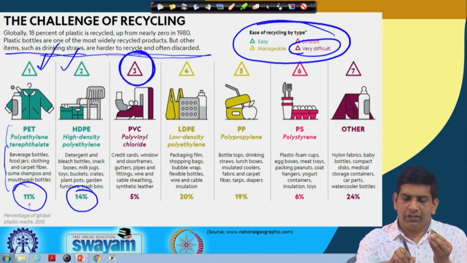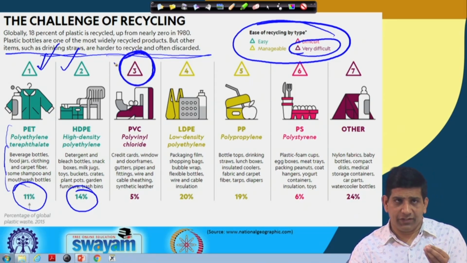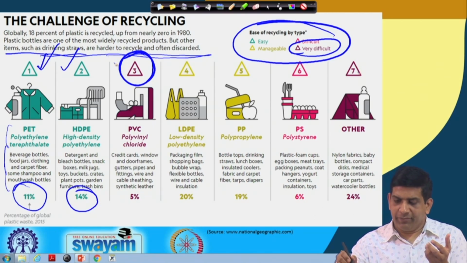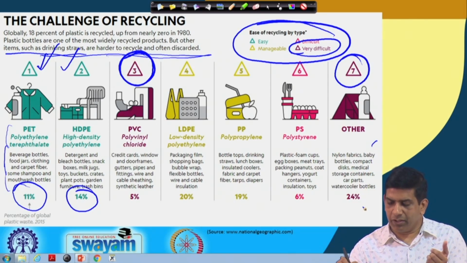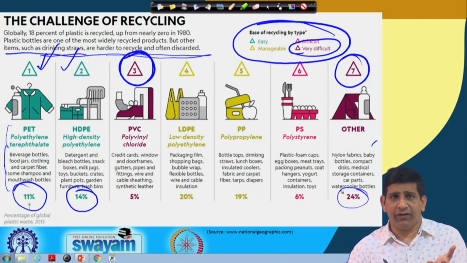This purple one is very difficult to recycle because the technologies out there are not really able to recycle it much. Same with many others, which include nylon fabrics, baby bottles, compact discs, medical storage containers, car parts, and water cooler bottles. Those are around 24%.